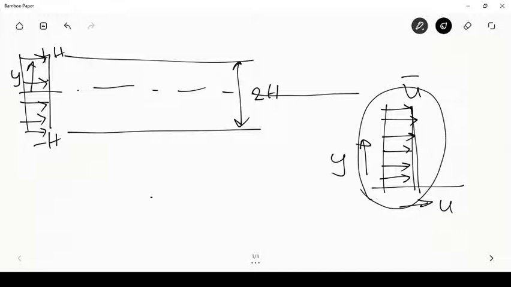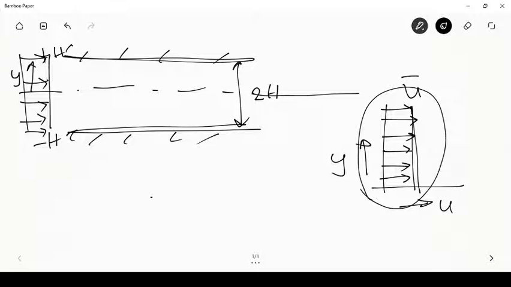Okay. Now what will happen as the flow enters the parallel plates channel? Since the plates are stationary and the flow is viscous, the velocity at the plates would become 0, so the flow would stagnate at the walls.